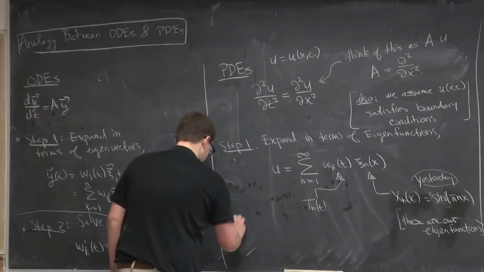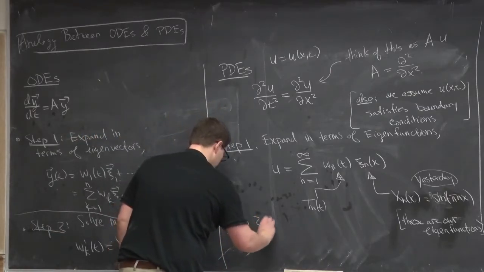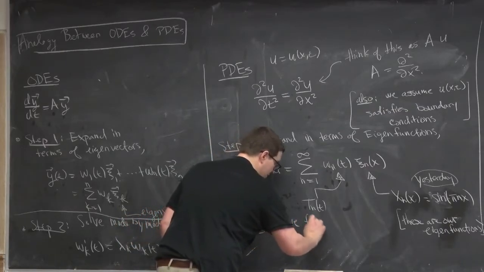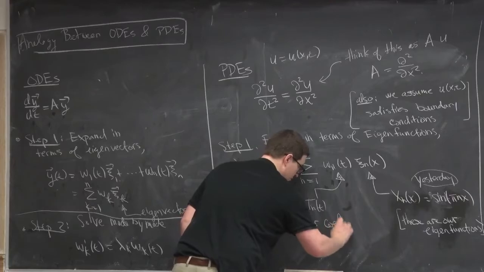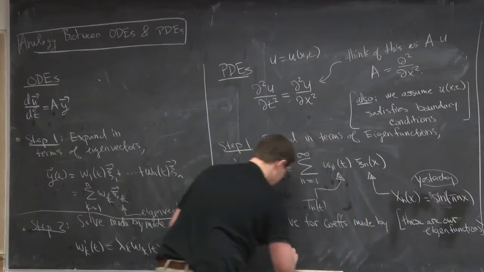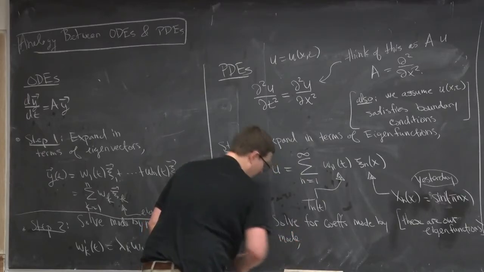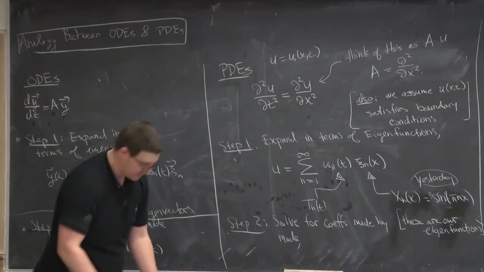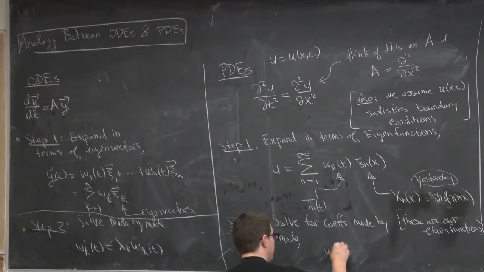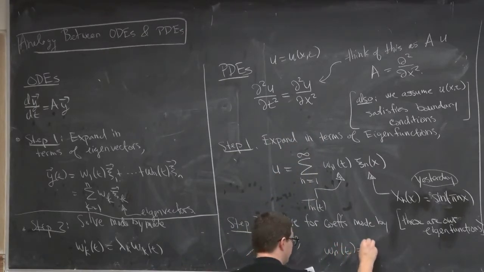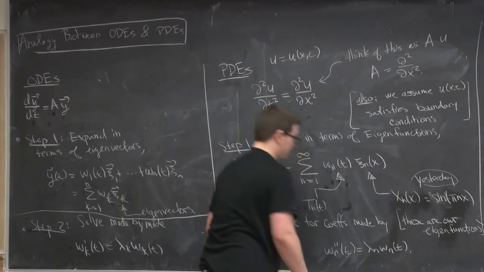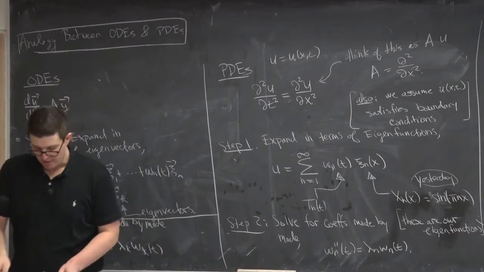So in step 2, we solve for the coefficients mode by mode. Here we'll have a similar situation. We have W_n''(t) equals lambda_n W_n(t).